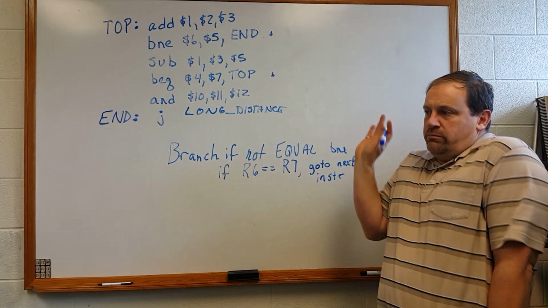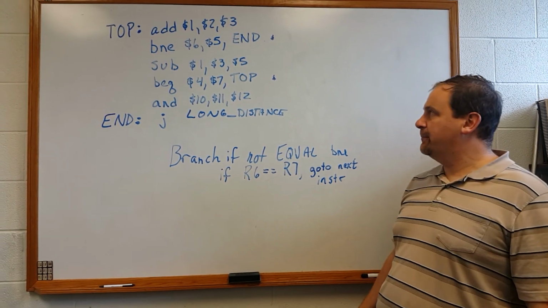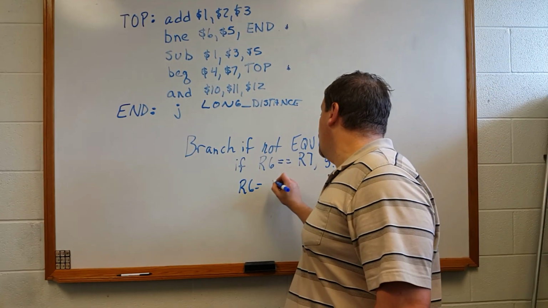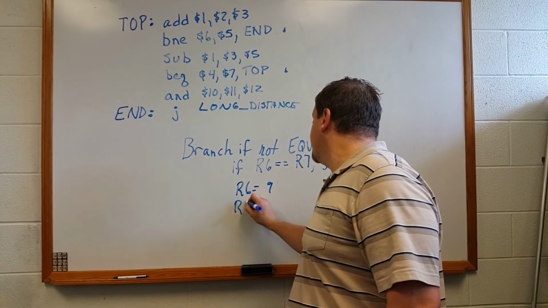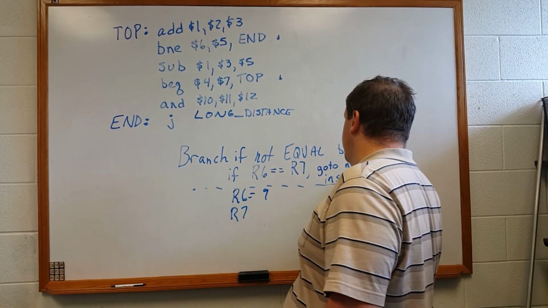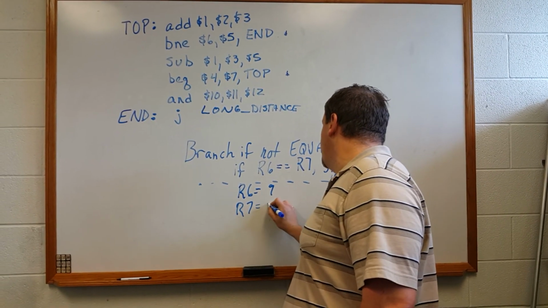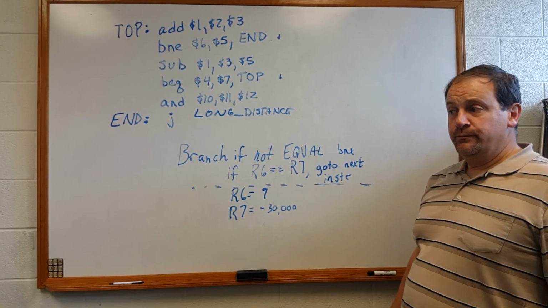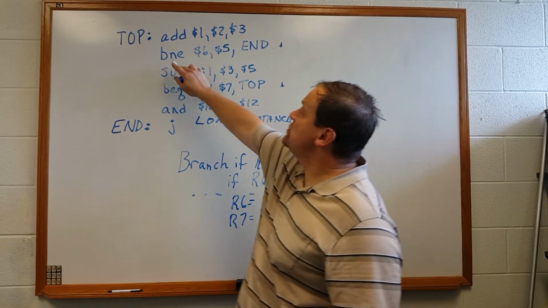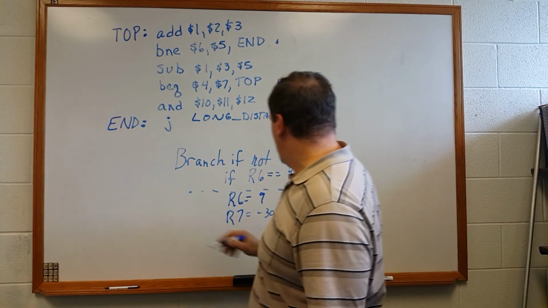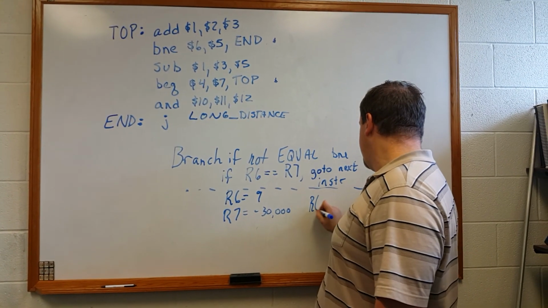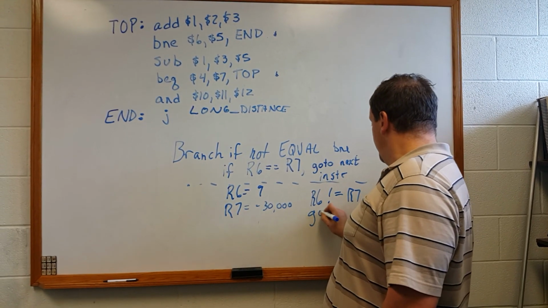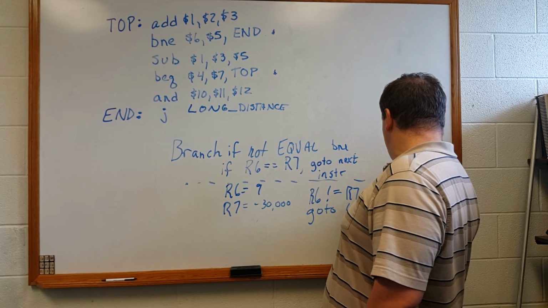It's as if it didn't happen. Now, if R6 equals 9 and R7 equals negative 30,000, they're not equal. So the condition is branch if not equal. Here, R6 bang equals R7. So we go to the label.